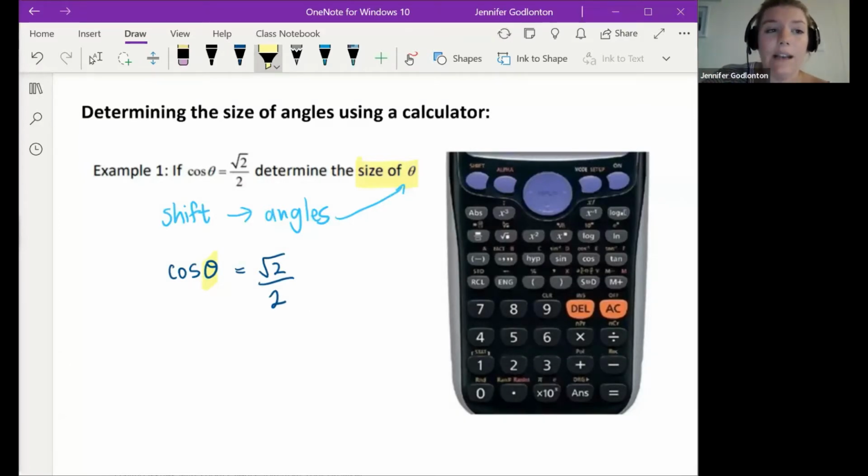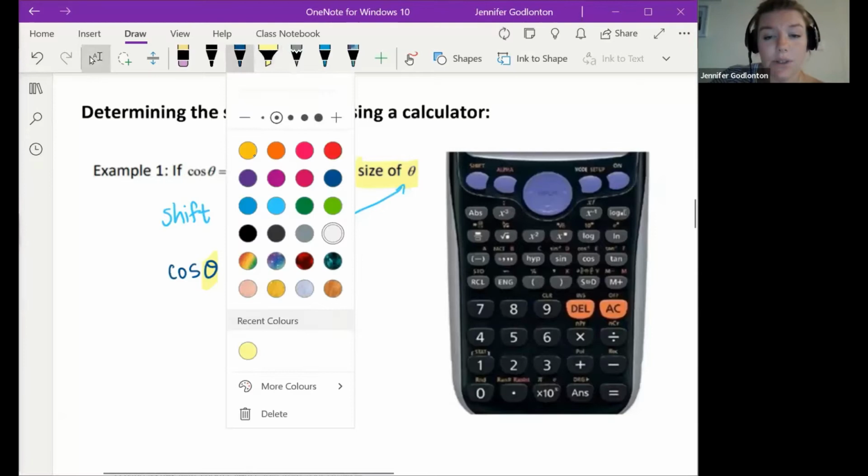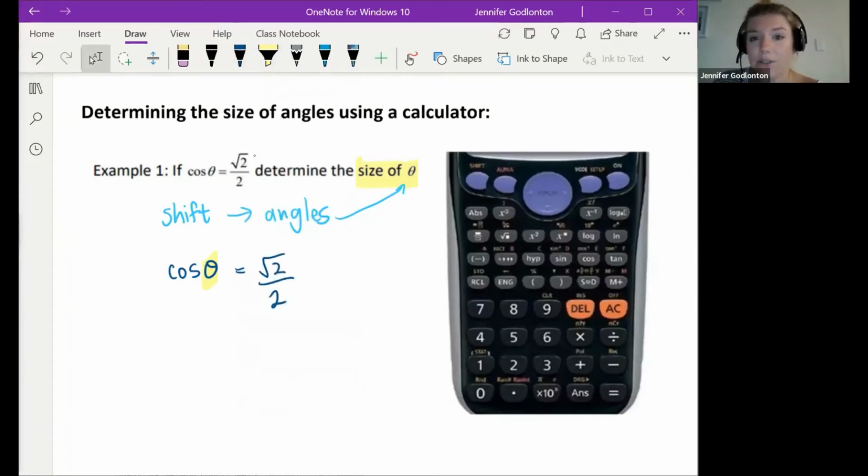Now, I'm going to go through this step by step, so don't panic, because I know this is brand new for some of you. When you're looking for an angle, we need to use the shift key. So the first thing you're going to push on your calculator is the shift key.